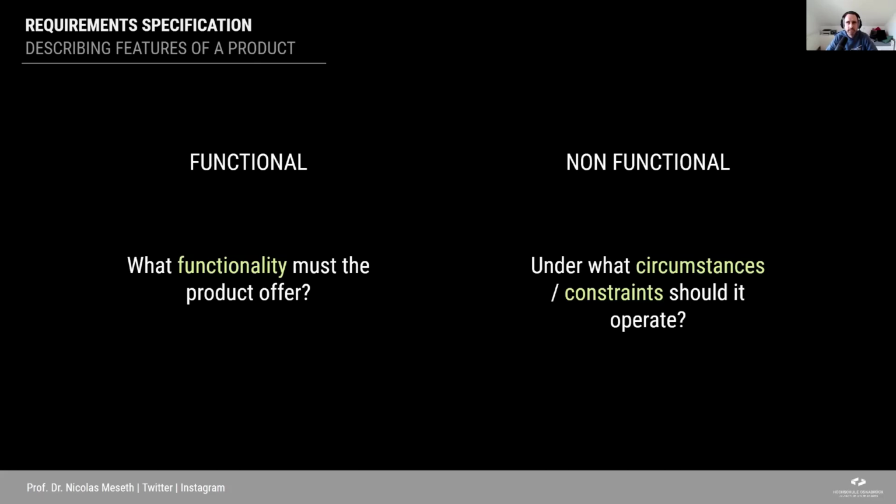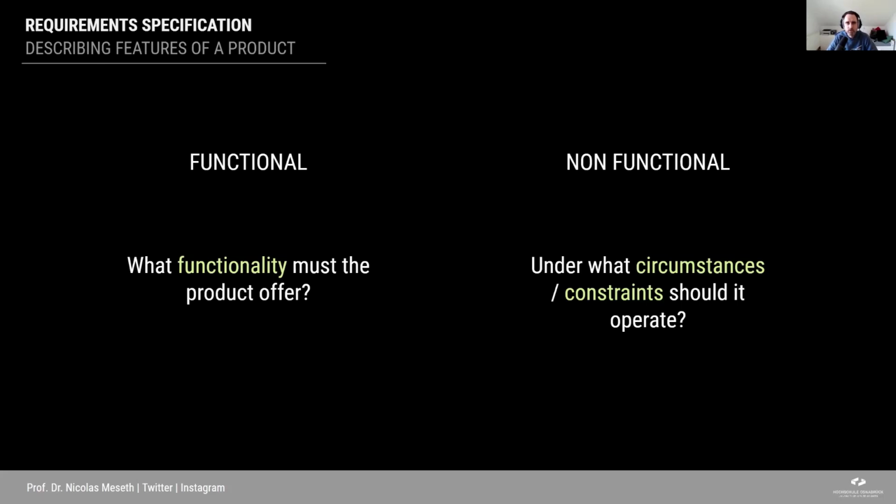And so there are different ways how to do that. You could write a document where you have a certain structure describing these requirements, and then you could detail all these requirements and write down exactly what it should do and what it shouldn't do and how it should behave and what the user can do with it. So that's sometimes the way we do it, and we will learn later why maybe that's not the best idea.